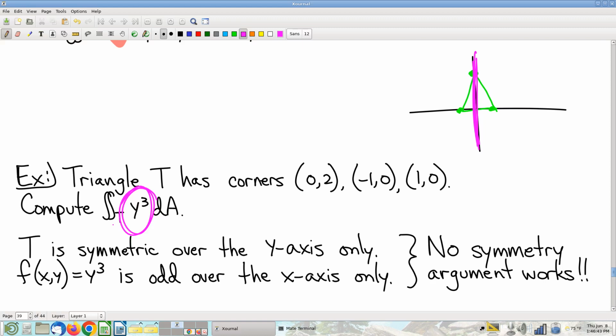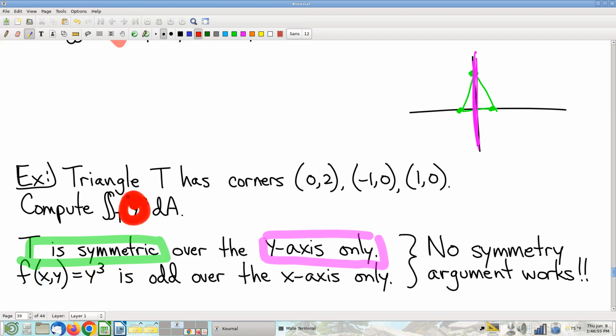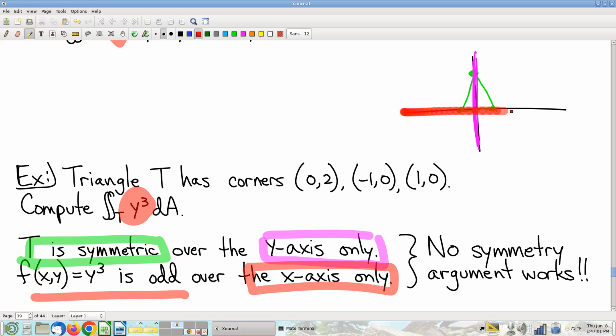Subtly, because the domain is symmetric only over the y-axis. But if you look at this integrand here, this integrand is odd only over the x-axis, only if you're reflecting on that line, which turns y into minus y.